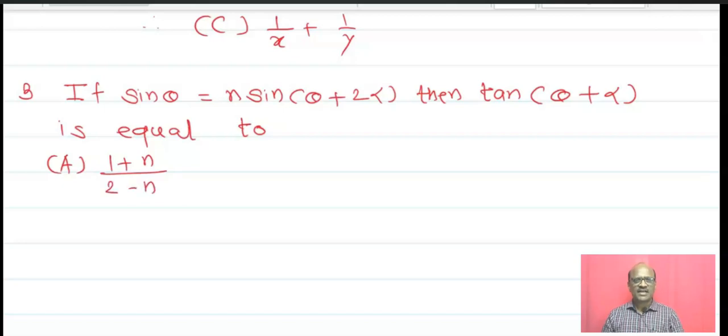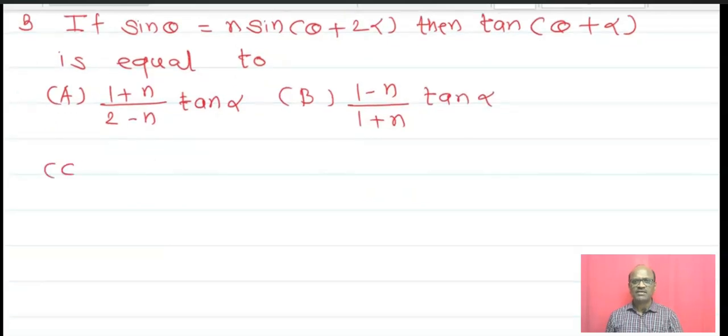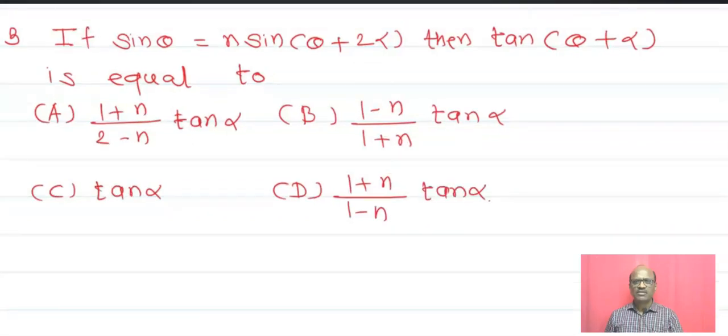First, 1 plus n upon 2 minus n tan alpha. Second, 1 minus n upon 1 plus n into tan alpha. Next is tan alpha, and last is 1 plus n upon 1 minus n into tan of alpha.